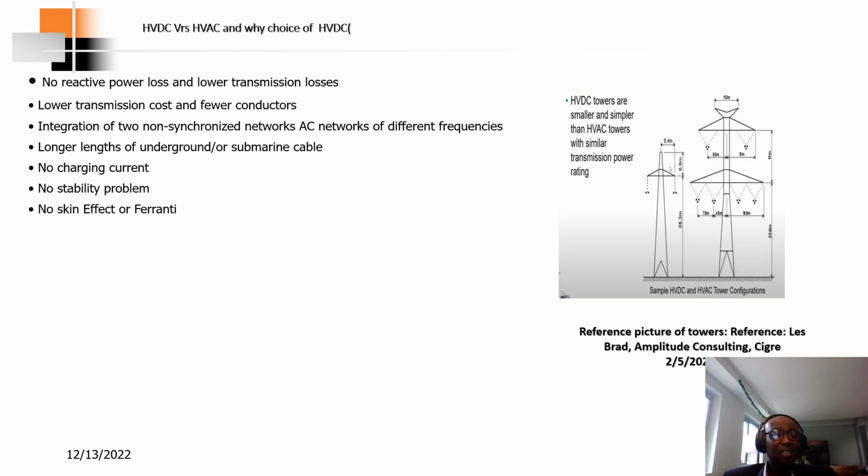But for HVDC, there's nothing like that. And for light loads in HVAC, there's something called the Ferranti effect, where the voltage on the load end increases very high. With HVDC, there's no problem like that.